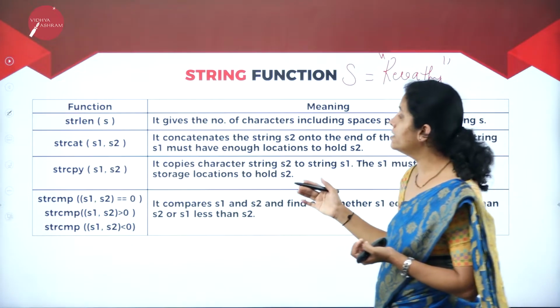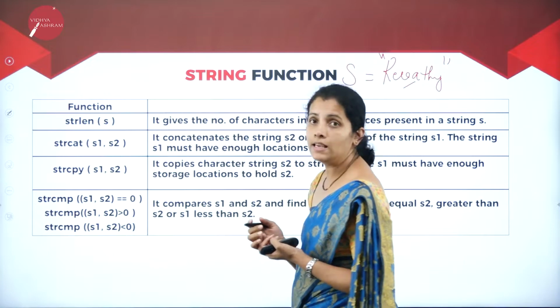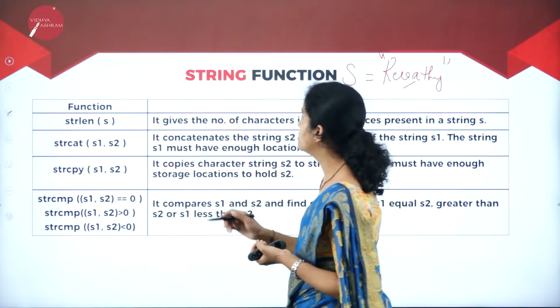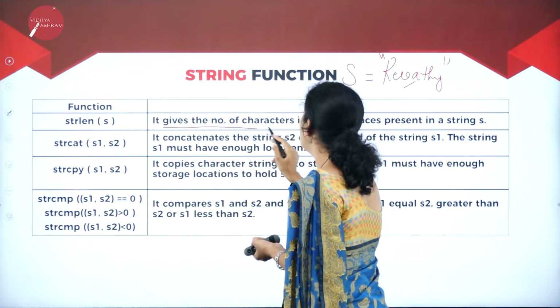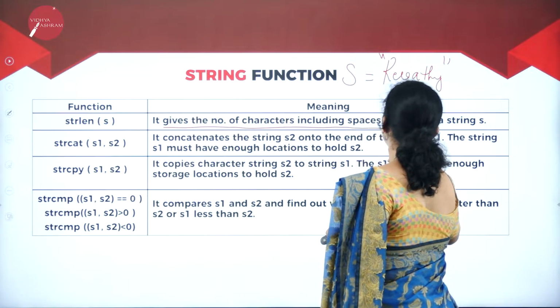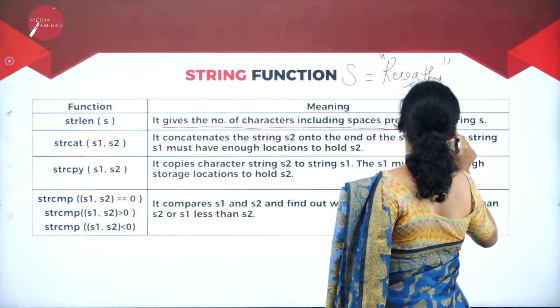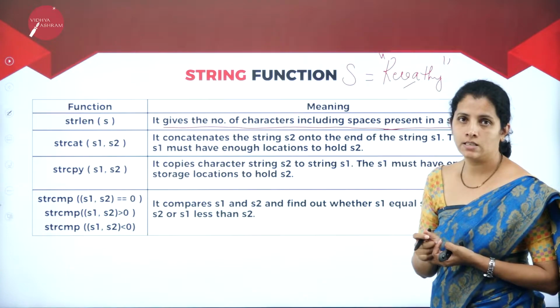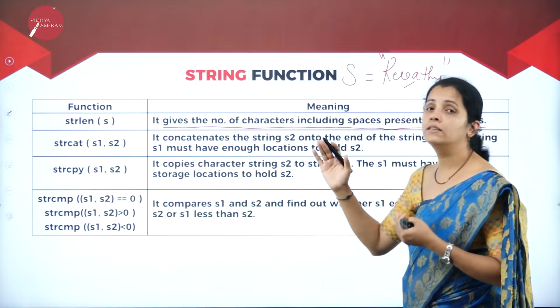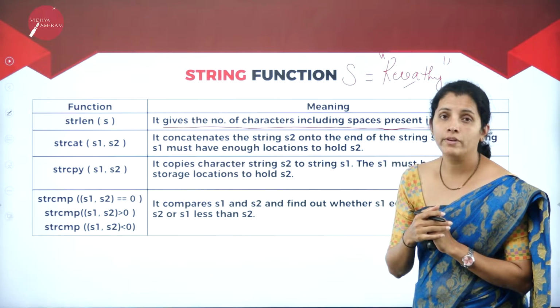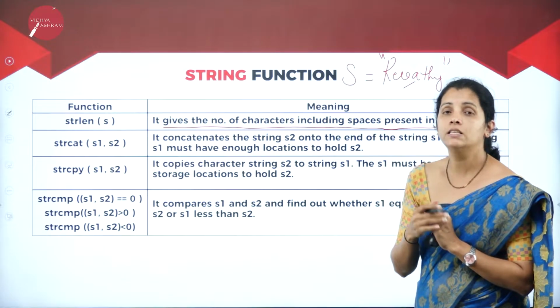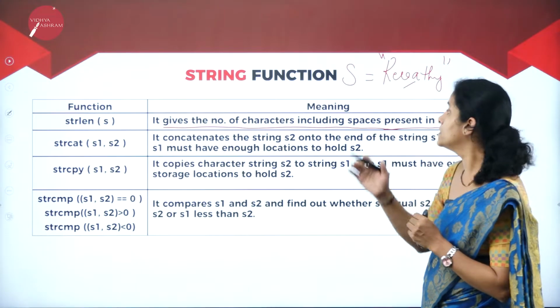So the length of the string S is 7. It gives the number of characters including space present in the string S. That means it is going to return the total number of characters present in the string including space.